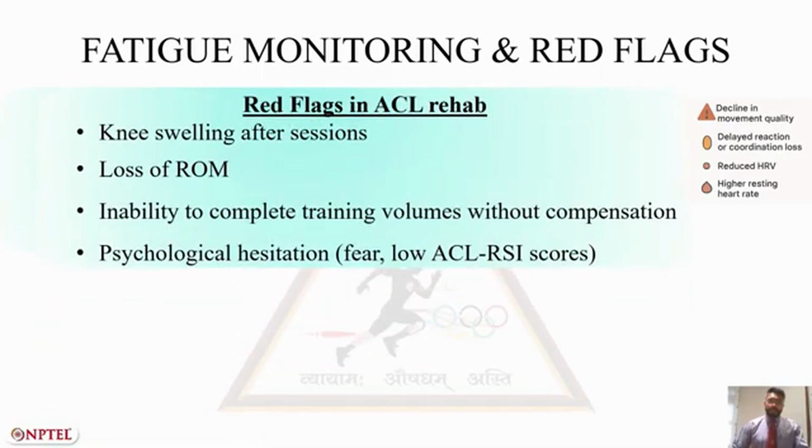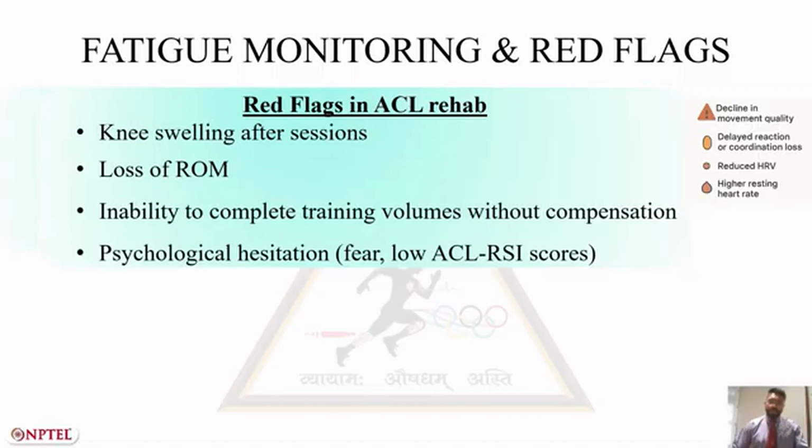The various red flags in ACL rehabilitation are knee swelling or pain after the sessions, loss of range of motion, or inability to complete the training volume without any compensatory movement patterns.